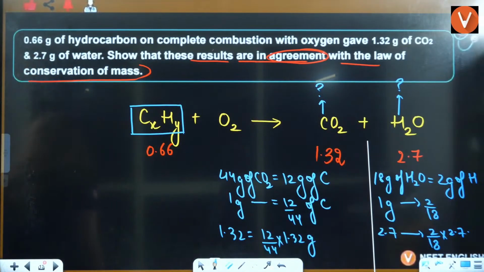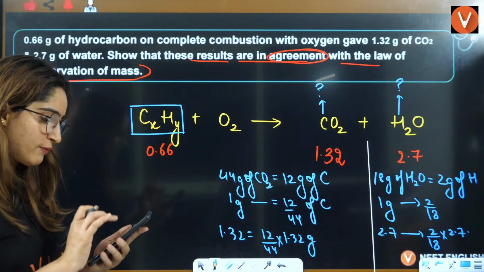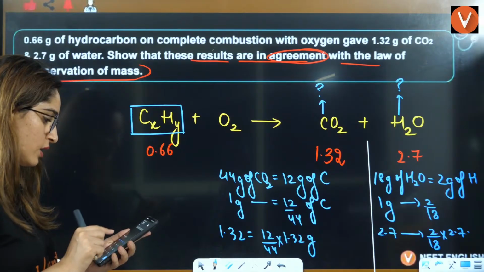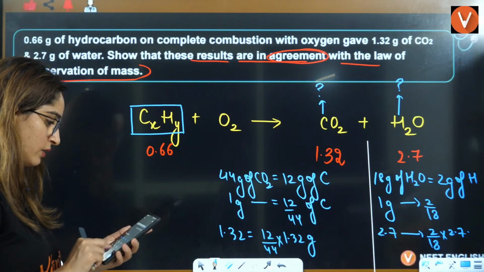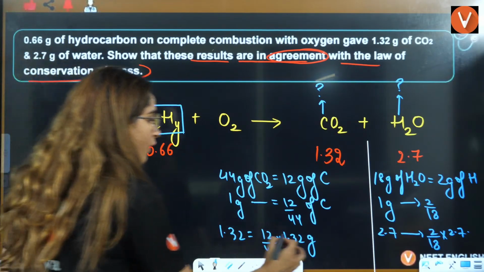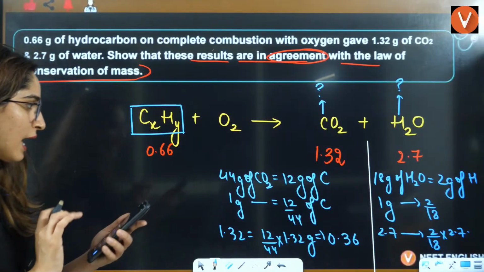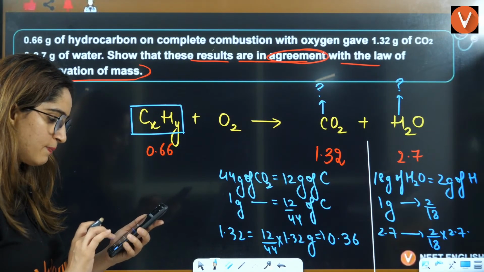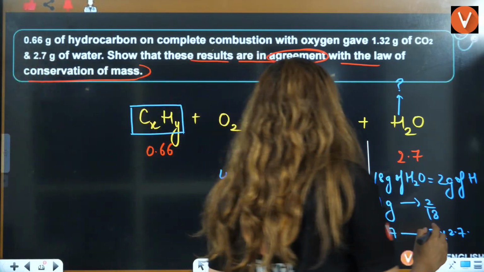Now you have to tell me what is the answer. Let me just calculate it for you: 12 divided by 44 multiplied by 1.32 is coming out to be 0.36. Perfect. What about 2 divided by 18, that is 1 by 9, multiplied by 2.7? That is coming out to be 0.3.